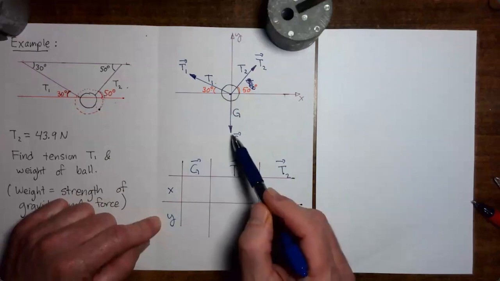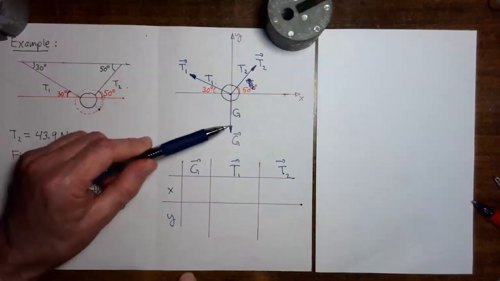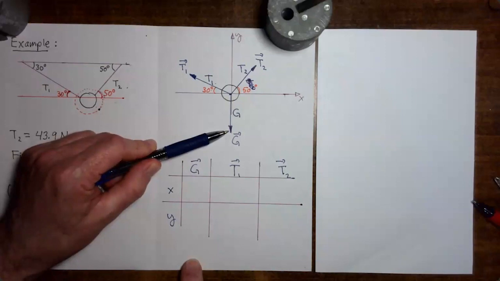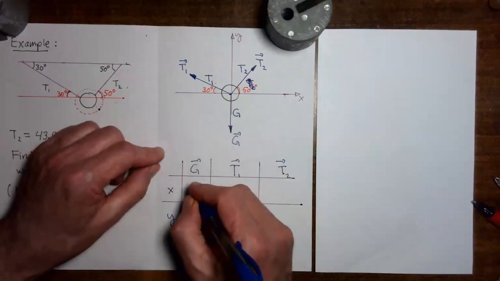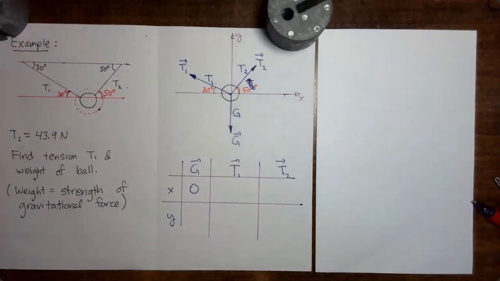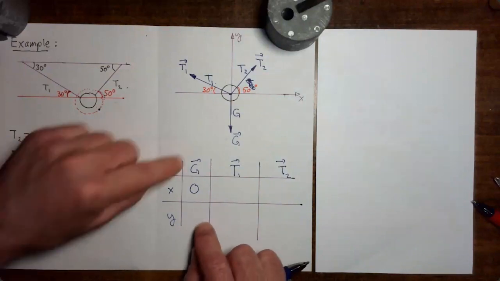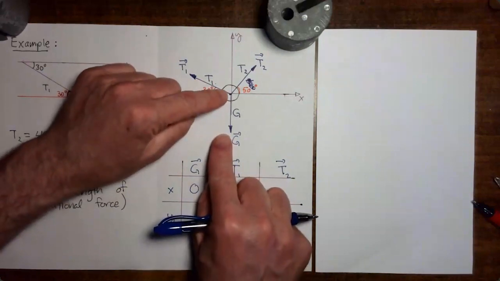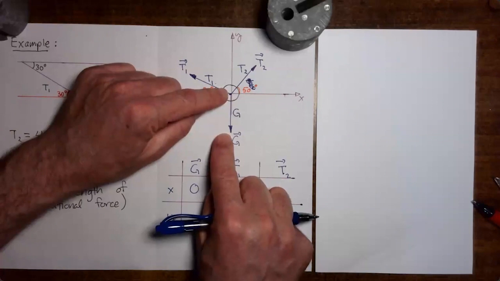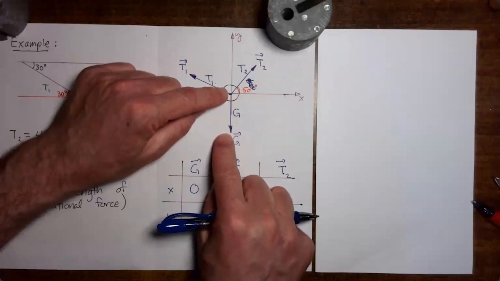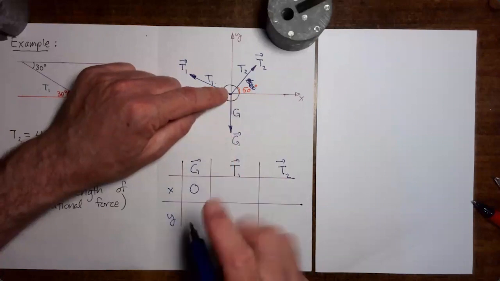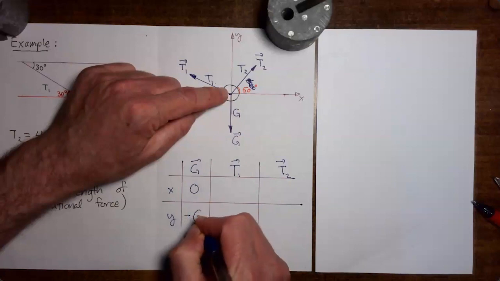Now, you can see that the gravitational force is pointing entirely along the minus y direction, so it has no x component. So I'm going to put in 0. How about the y component of the gravitational force? Well, the entirety of the gravitational force is pointing along the minus y direction. So the y component is just going to be minus the magnitude, namely minus g.